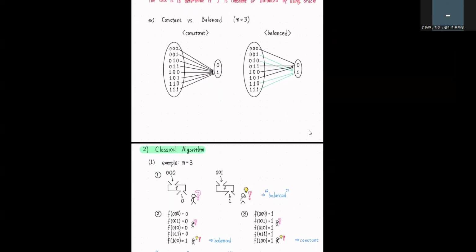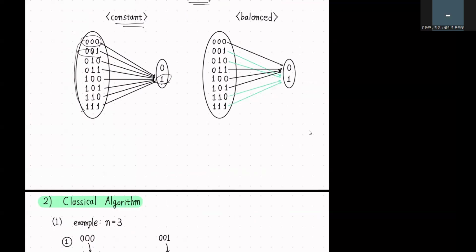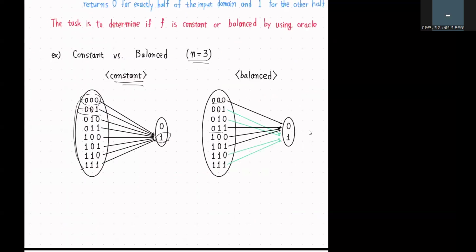Now, this is just an example with 3 qubits. So we have 8 possible bit strings over here. And of course, in the constant case, it doesn't matter which bit string you put in, we always get the same value, 1. And in a balanced case, 4 of these bit strings will give us 0, and 4 of them will give us 1.